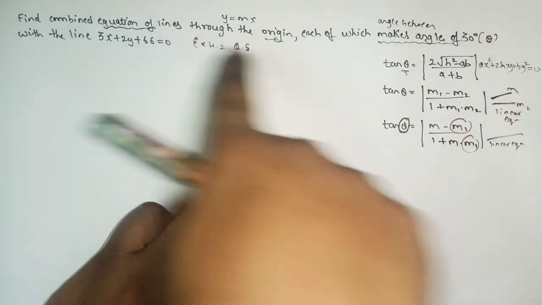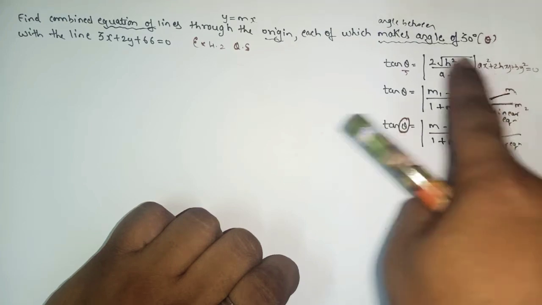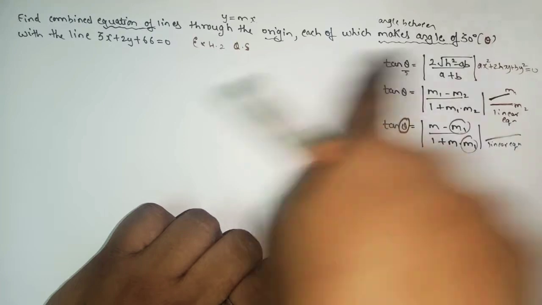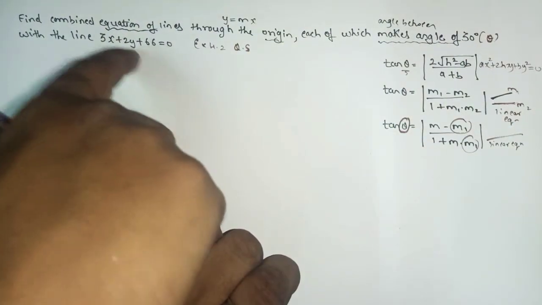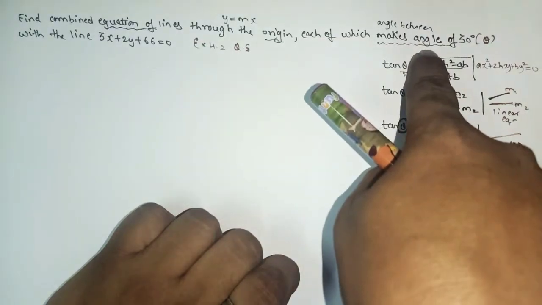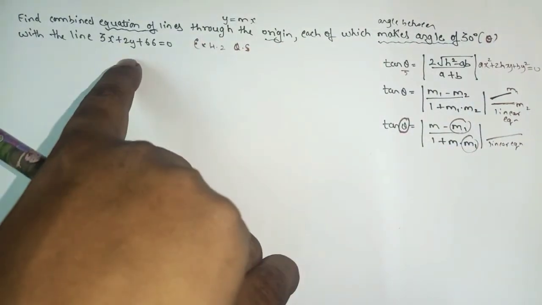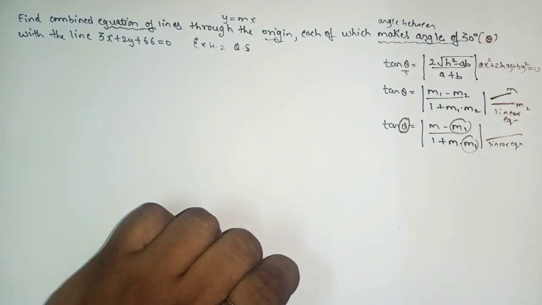So when the equation contains a quadratic form, you apply the first one. Whenever you have two linear equations, as in the question here we have only one linear equation, can you see? We have only one linear equation and one angle. So with respect to one angle and one linear equation, we come to the conclusion that we have to apply formula number 3.